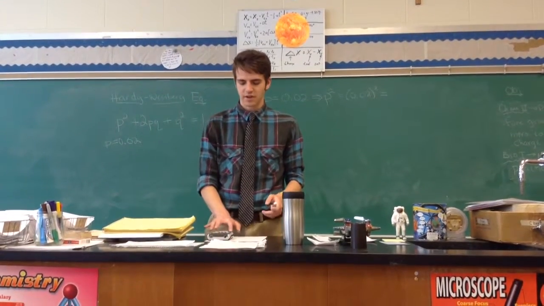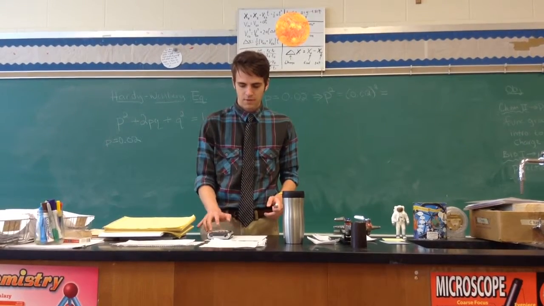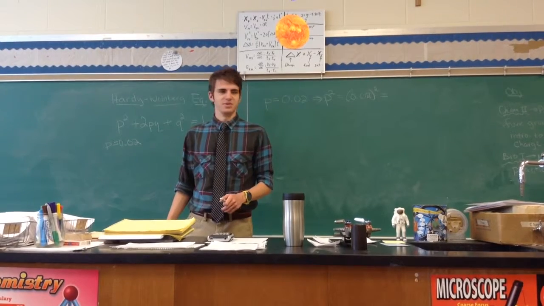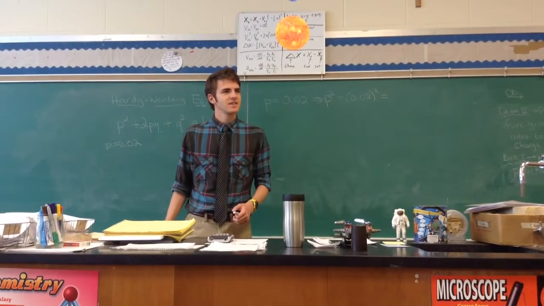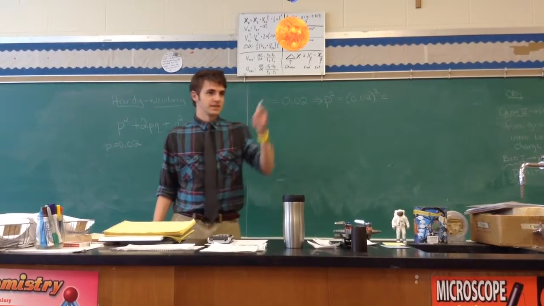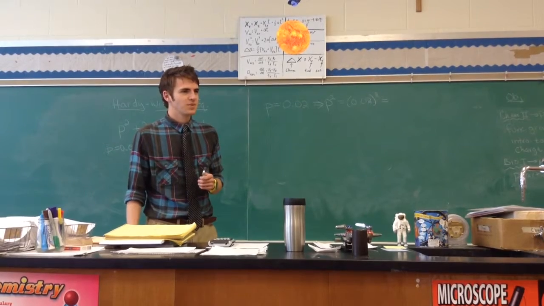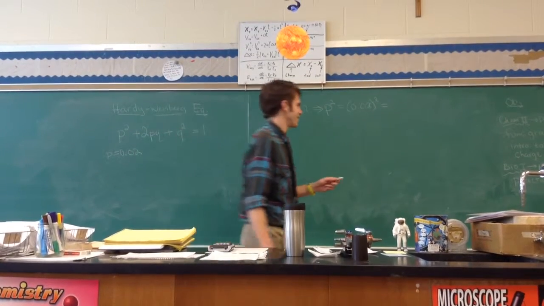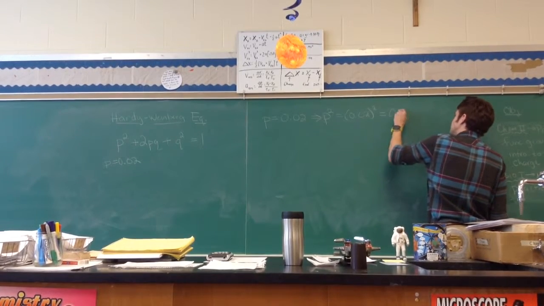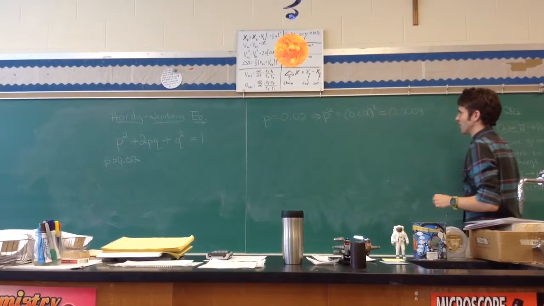Anybody have a calculator? I want someone to do it just so you get the practice. Yes? 0.00. Wait, did I say 3 zeros already? You meant 3 zeros, right? 0.04. We have 0.00004 is our squared value there.